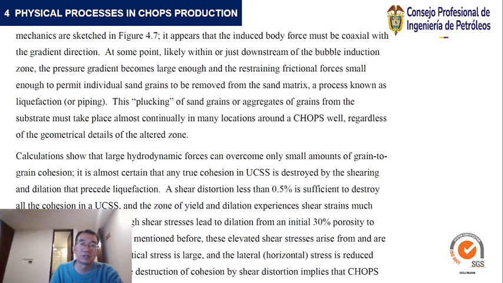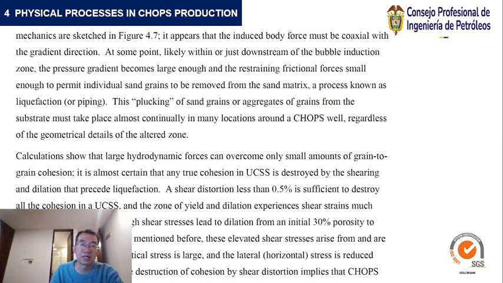At some point, like within or just downstream of the bubble induction zone, the pressure gradient becomes large enough and the restraining frictional forces small enough to permit individual sand grains to be removed from the sand matrix, a process known as liquefaction.